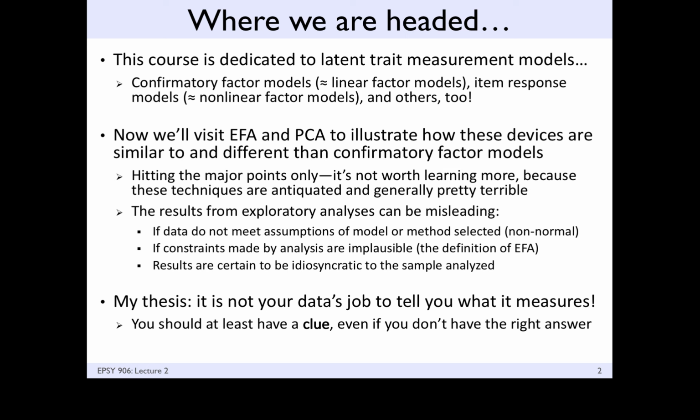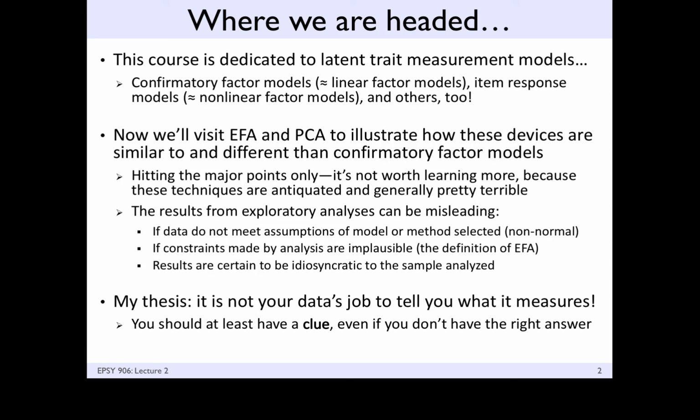Your constraints are implausible, which is a problem with EFA. Also, it is highly sample dependent. If you've got hundreds of thousands of people, it's probably going to be pretty stable. How many of you have those samples? Someone usually in class, I do. Good. They're those people that live behind the gate, on the big swimming pool. Anyway.